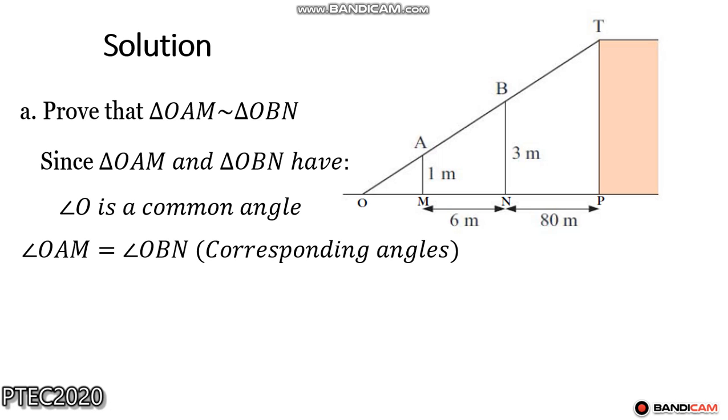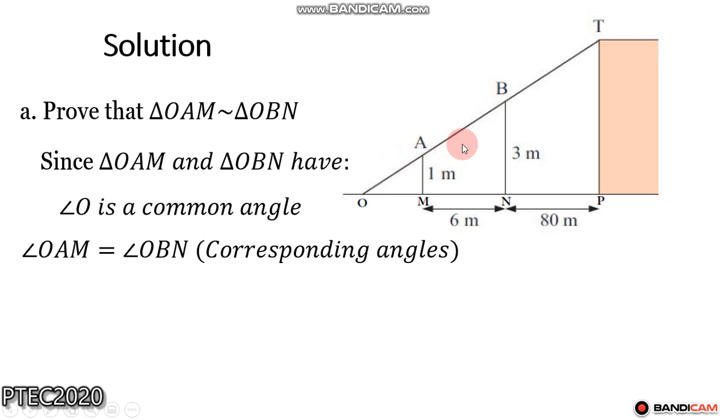And the second one you may find is that AM and BN are the two poles. They are vertical poles, so these poles are parallel. When the two poles are parallel, angle A here and angle B here are called corresponding angles.